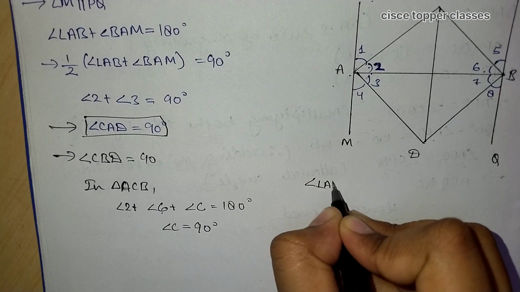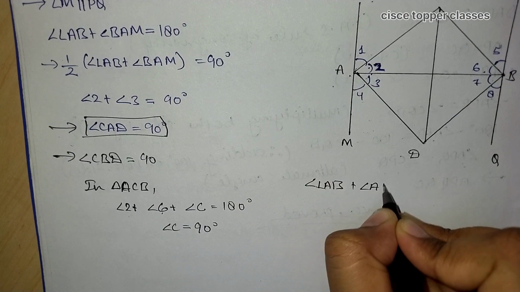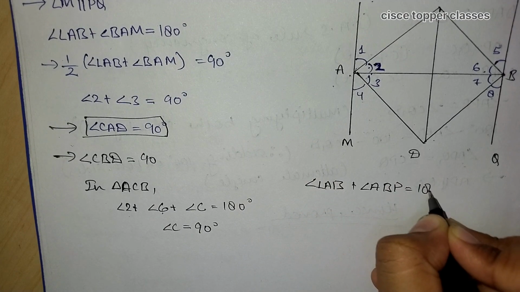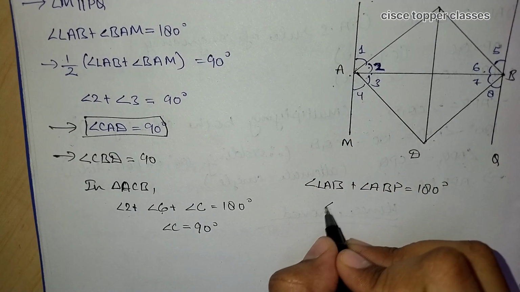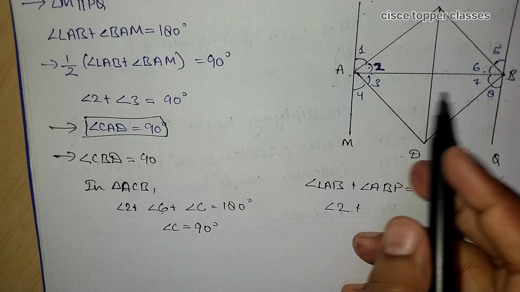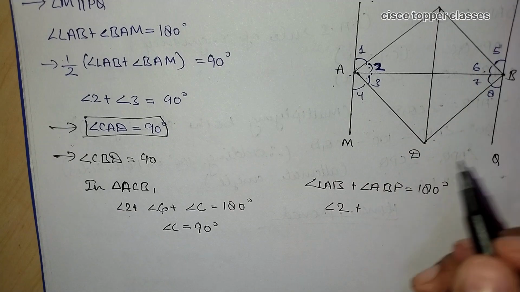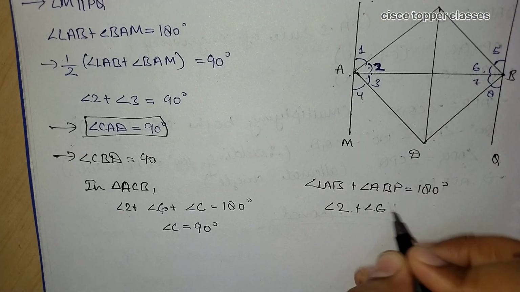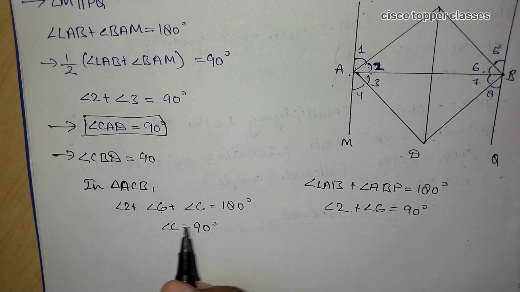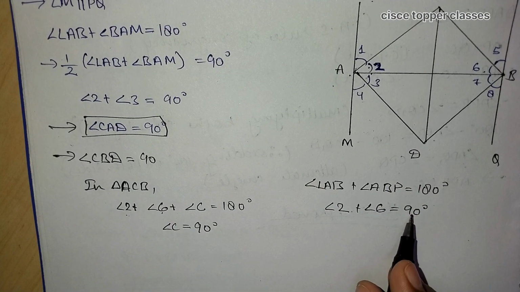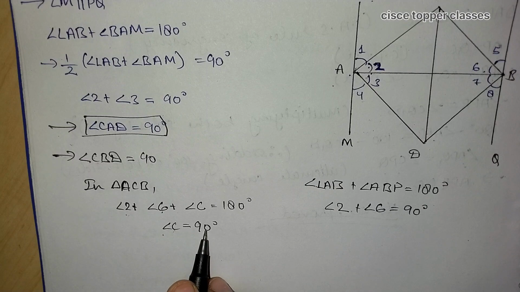So angle LAB plus angle ABP is equal to 180 degree, and half of angle LAB will be 2, and again half of ABD, we can write it angle 6. So this will be 90 degree on dividing it with half. Again, as angle 2 plus angle 6 is equal to 90 degree, hence angle C is equal to 90 degree.